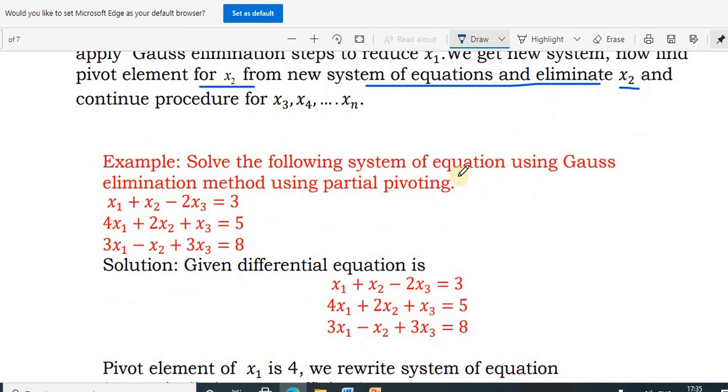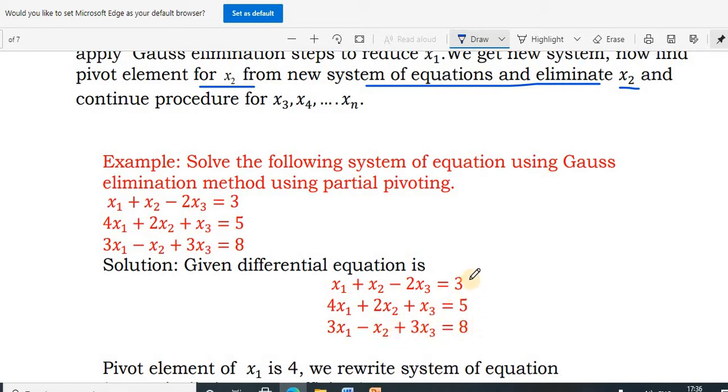Solve the given system of equations using Gauss elimination with partial pivoting. So here the given system of equations is x1 plus x2 minus 2x3 is equal to 3. 4x1 plus 2x2 plus x3 is equal to 5. 3x1 minus x2 plus 3x3 is equal to 8.